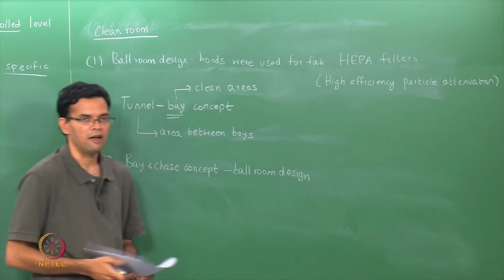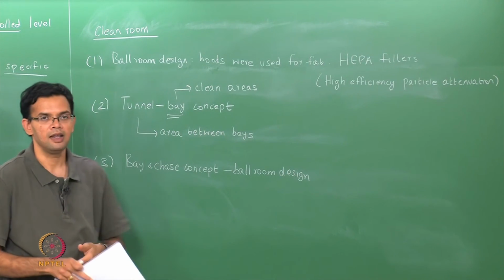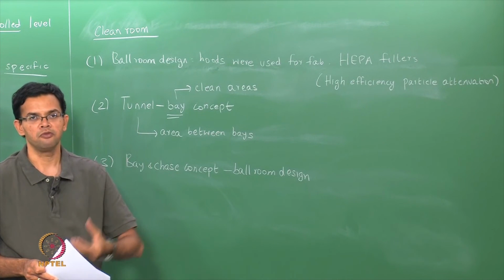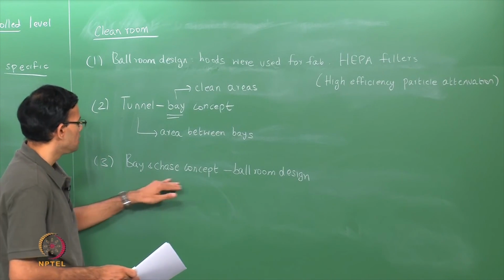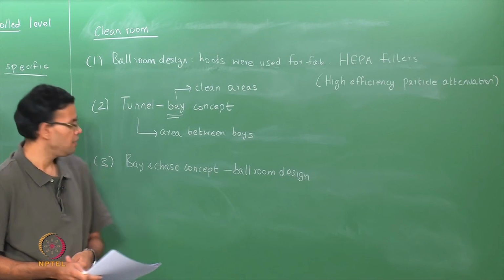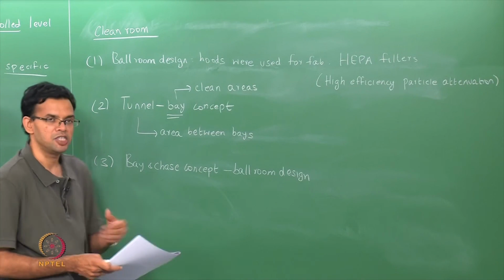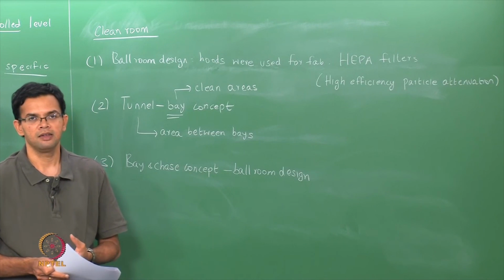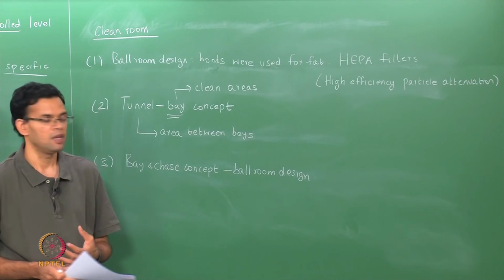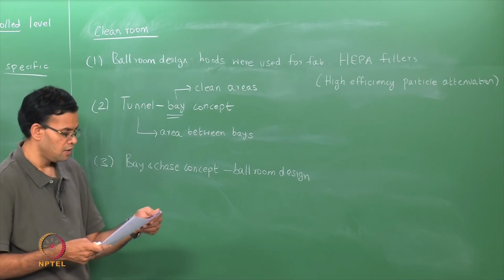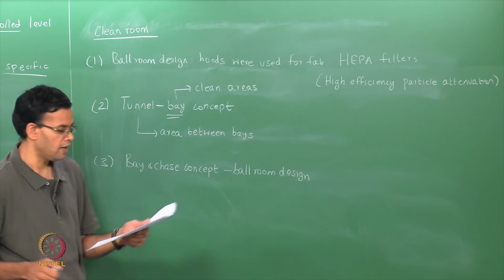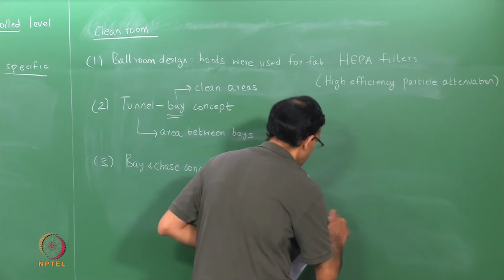But instead of having a physically separate tunnel and bay where they were essentially walls, the problem with walls is they would occupy space. The fab was virtually divided into a bay and a chase. So, a bay again represents a clean area, while the chase represents the area that is not clean. So, based upon this, we can look at a cross section of the fab.